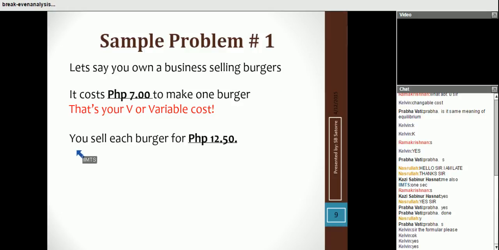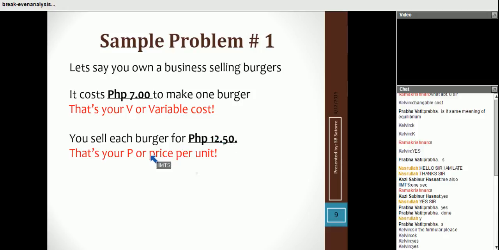Now suppose I am selling the burger for $12.50. This is my P, or the price per unit. Here one unit means one burger. So P is 12.50, the value of P.